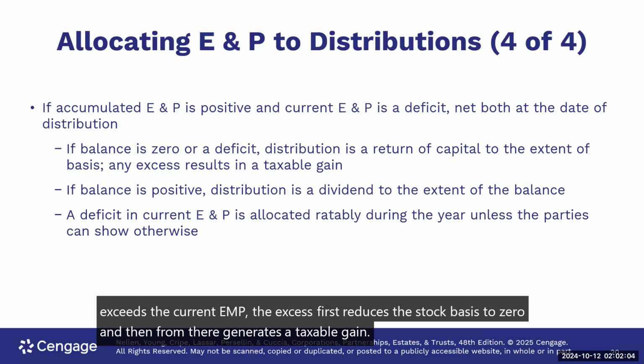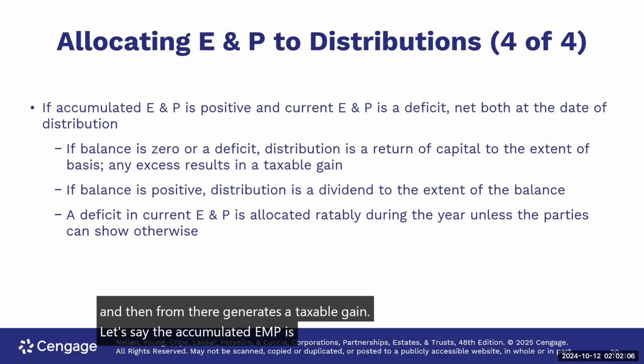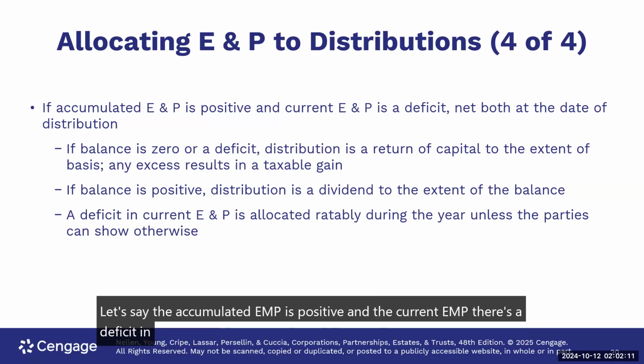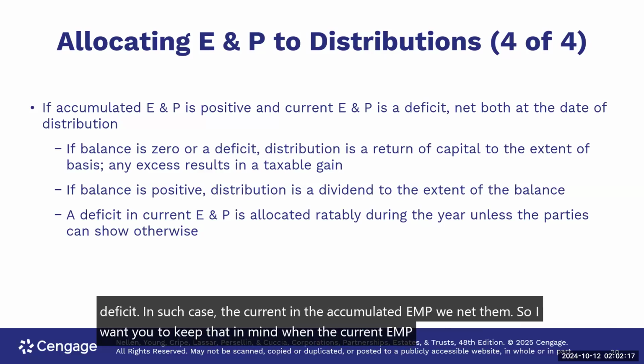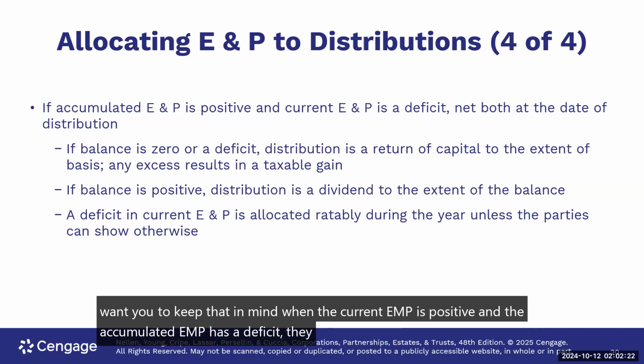Let's say the accumulated E&P is positive and the current E&P has a deficit. In such case, the current and the accumulated E&P, we net them. So I want you to keep that in mind. When the current E&P is positive and the accumulated E&P has a deficit, they are not netted.